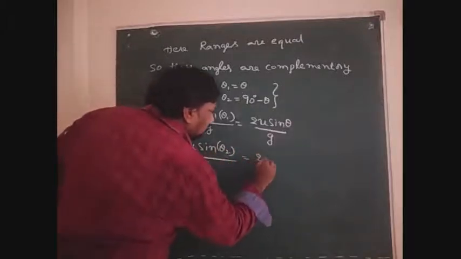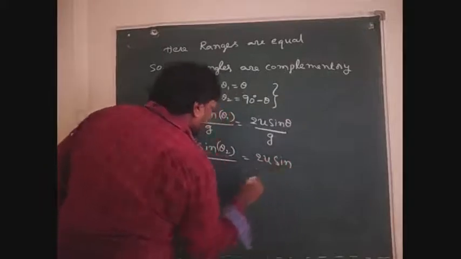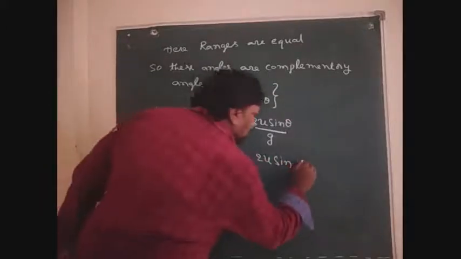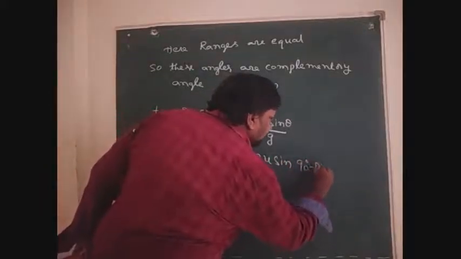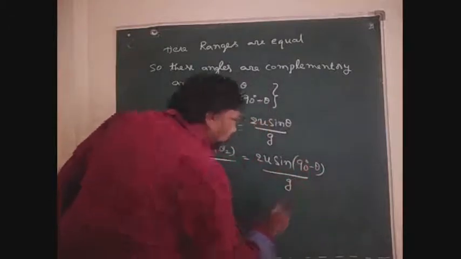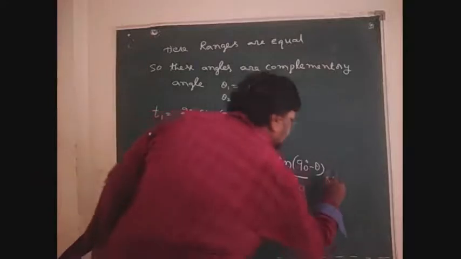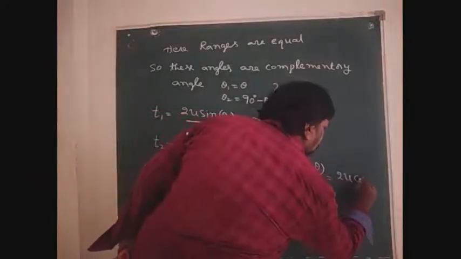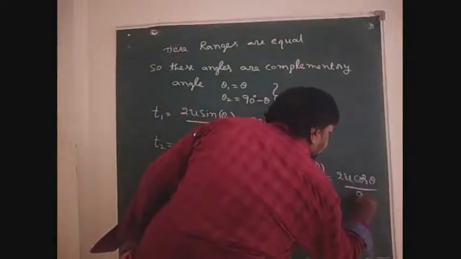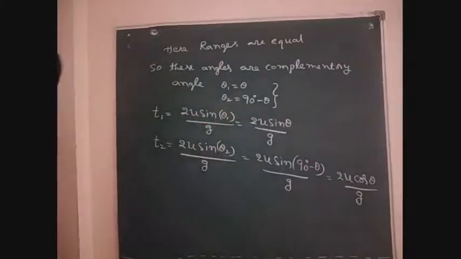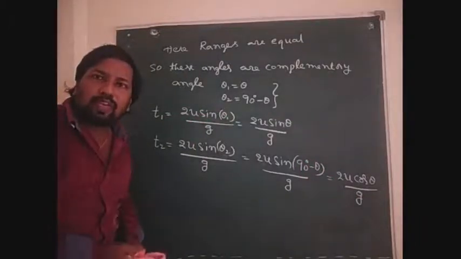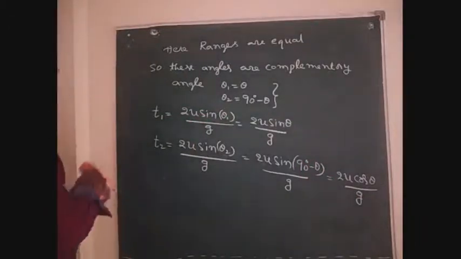So here 2u sine theta 2 means 2u sine of 90 minus theta by g. We know that sine of 90 minus theta is cos theta, so that is 2u cos theta by g. So now we take the product of these two times.